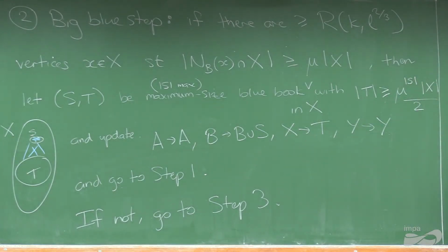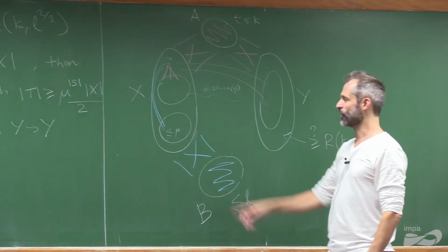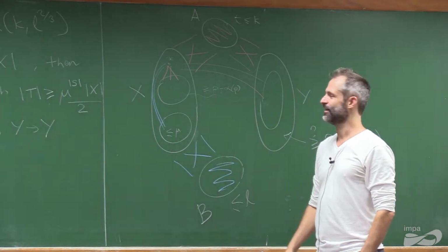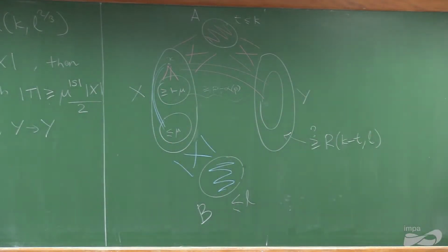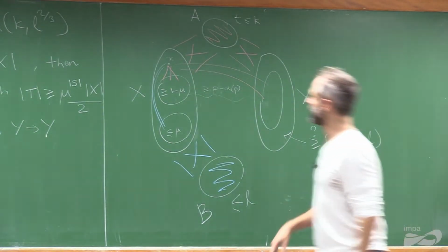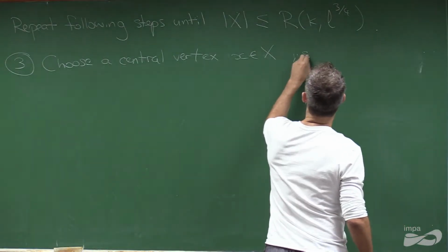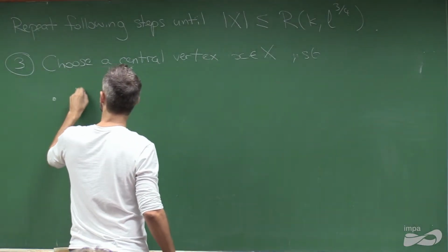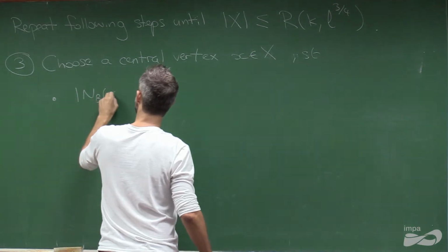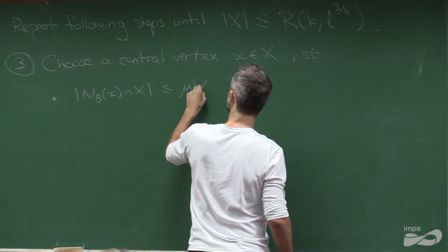Let's pick an x that has at most mu times x blue neighbors, and therefore at least 1 minus mu red neighbors. I'll write that down first, such that the number of blue neighbors of x in x is at most mu times x.